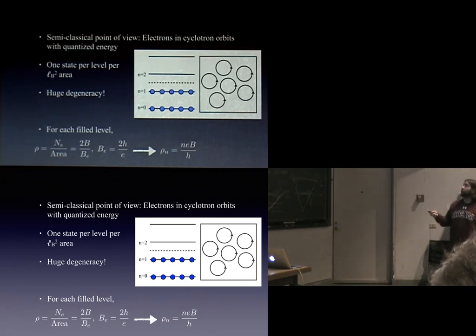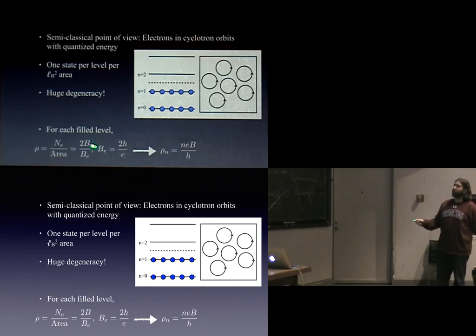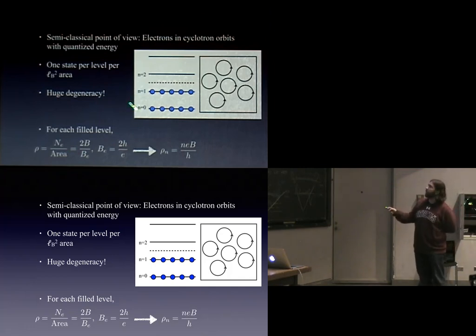It turns out, because of this one state per level for this area, if I ask what the electron density is, the number of electrons divided by the area of the sample, it's going to be 2 times the strength of the magnetic field divided by the magnetic field of an electron. This is for each individual level, so either this level or this level, it doesn't matter which one.